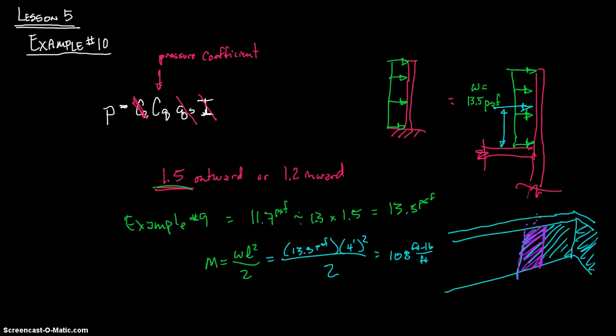Usually it won't be a concrete parapet wall. I don't think that's ever going to be, or typically won't be the case. I won't say ever, because that's not something I like getting in a habit of doing. But you get my point. You need to know that that's per this foot piece, that swath of foot piece. That moment right there is going to be 108 foot-pounds per foot. Okay, I've beaten that like a dead horse, so I will see you on the next example.